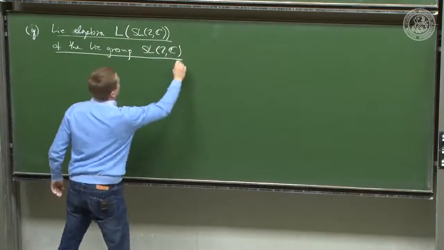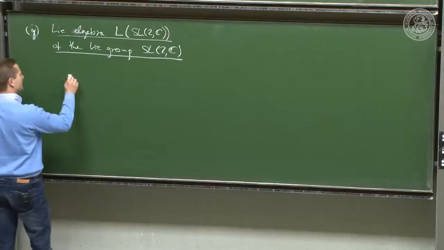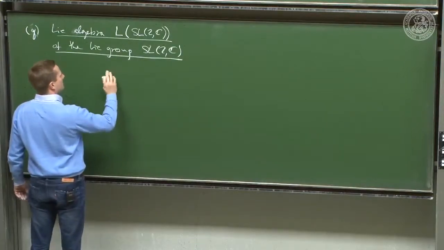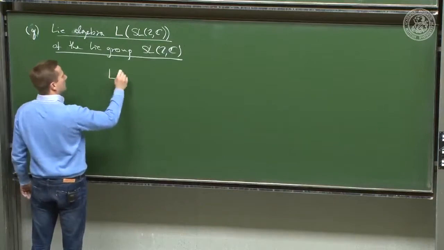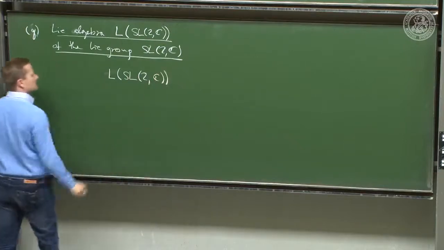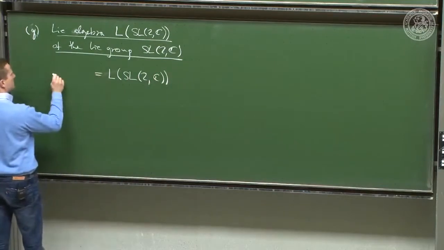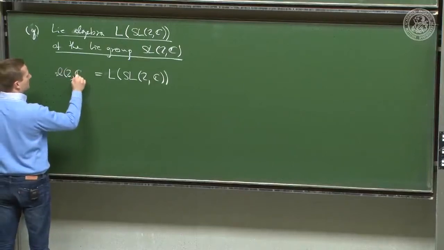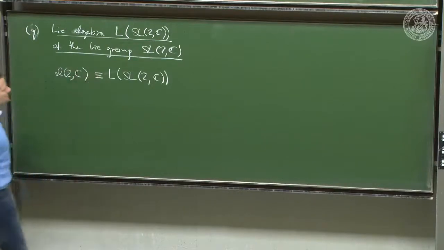So first of all, L of SL2C, there's lots to write, so usually one writes this as small s small l of 2C. It's just notation.